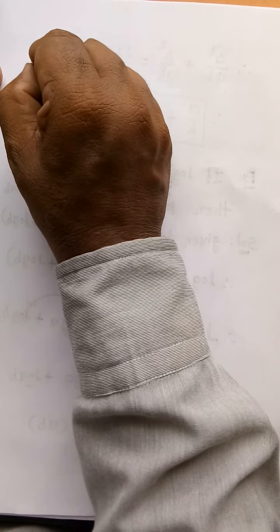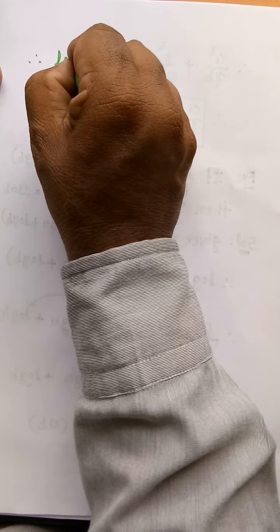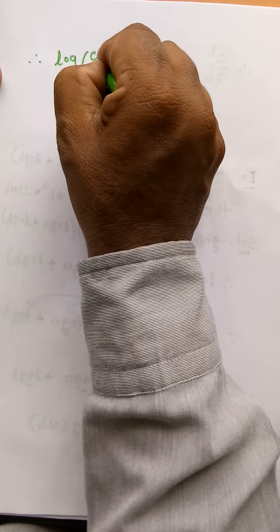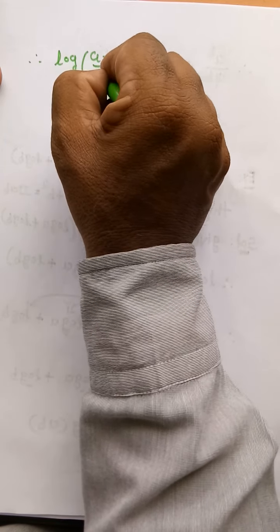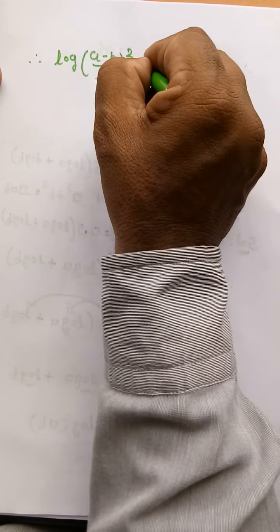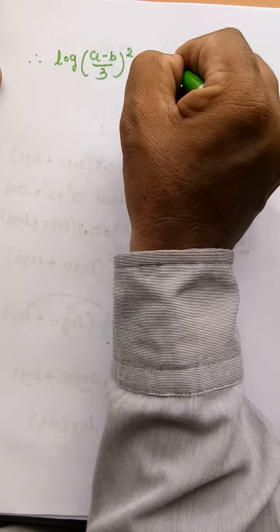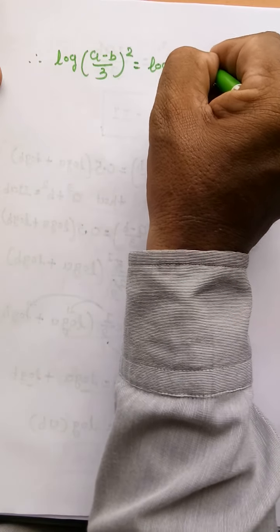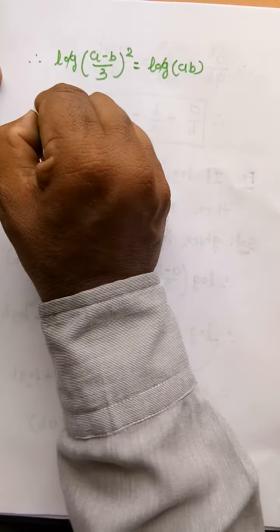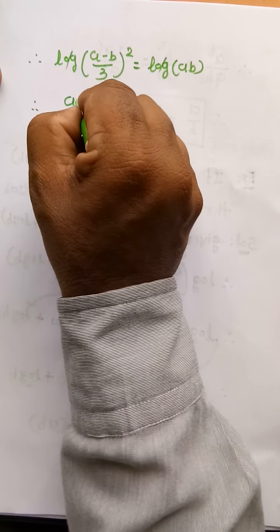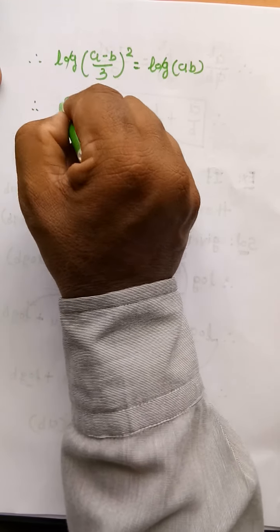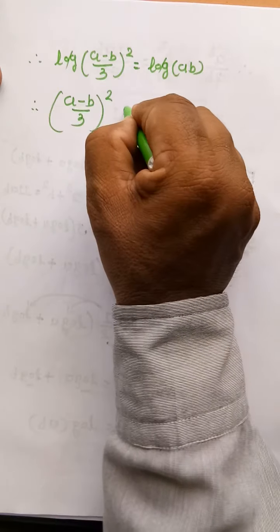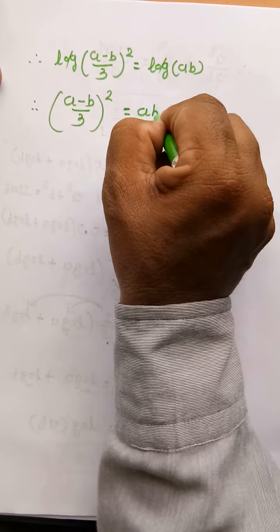Now here log ((a minus b) by 3) square is equal to log ab, then log is removed, so (a minus b) by 3 whole square is equal to ab.